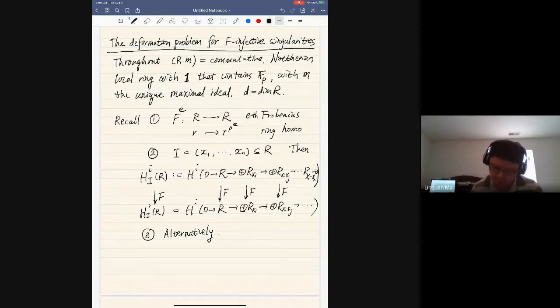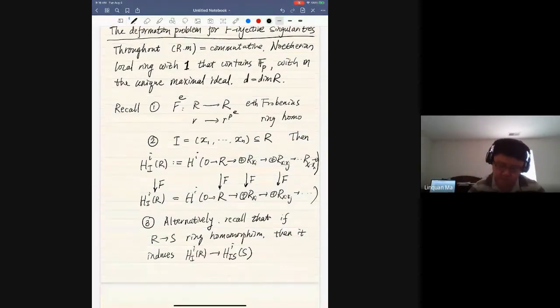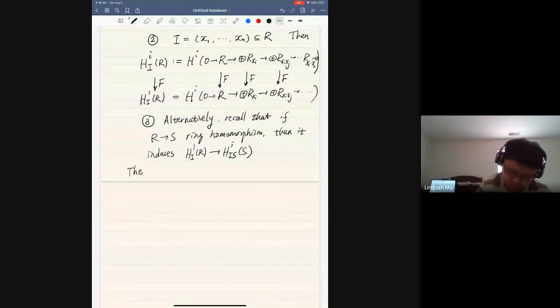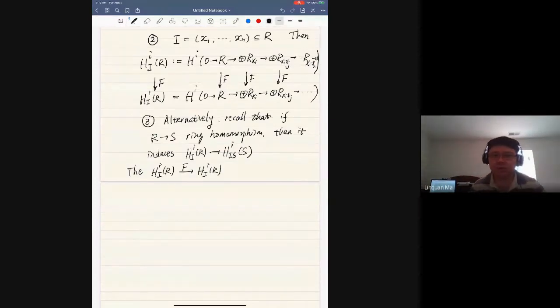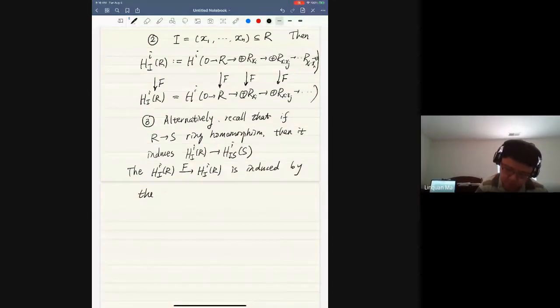Recall that whenever I have a ring homomorphism R to S, it induces a map from H^i_I(R) to H^i_{IS}(S). So the Frobenius action on the local cohomology module can be viewed as induced by the ring homomorphism, the Frobenius map.